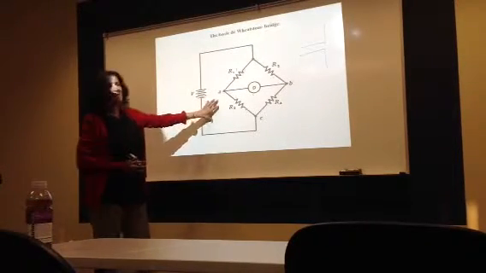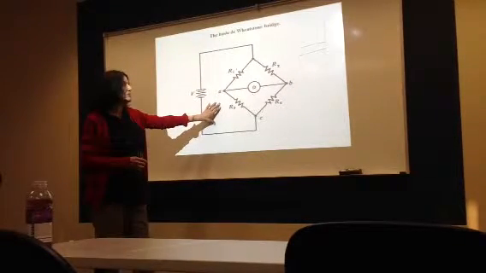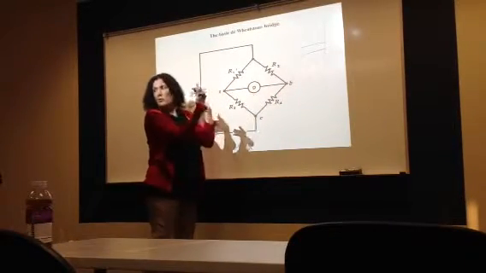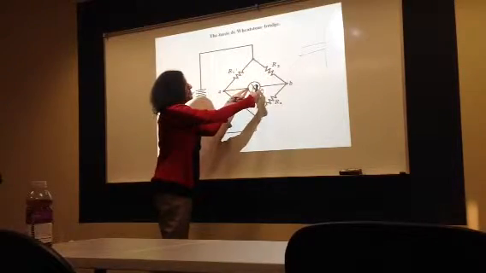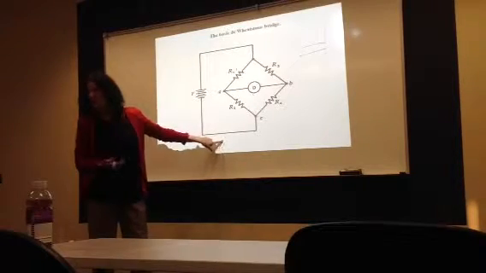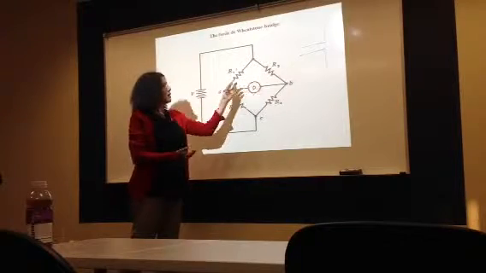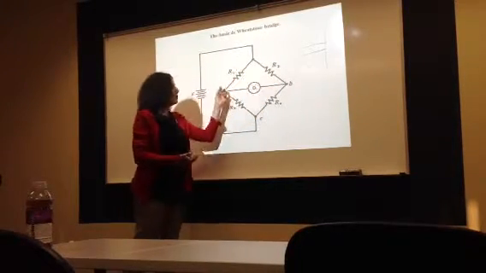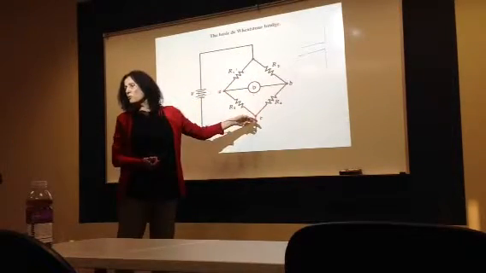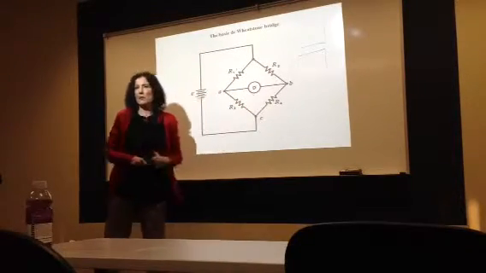Now, R Thevenin and V Thevenin. Let's start with R Thevenin. Between A and B, you remove the galvanometer, and you look at this circuit from those 2 points, and you short the voltage source. R1 will be in parallel with R3, R2 will be in parallel with R4, and the R Thevenin will be the cluster here, right?